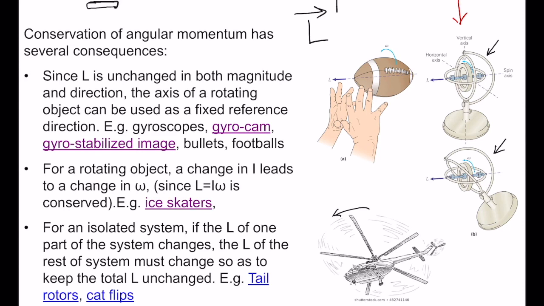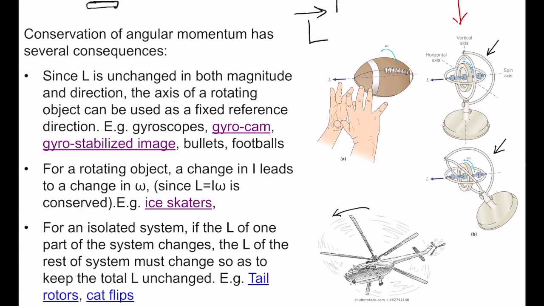What do you think must rotate in the opposite direction to make the total angular momentum zero? The answer is the body of the helicopter. So if the blades of a helicopter start rotating in one direction, conservation of angular momentum would make the body of the helicopter rotate in the opposite direction.